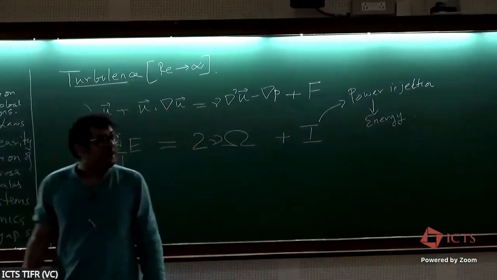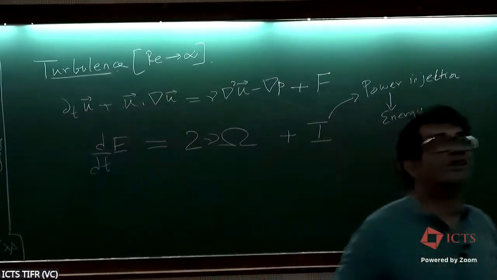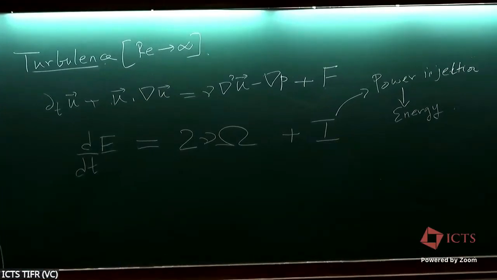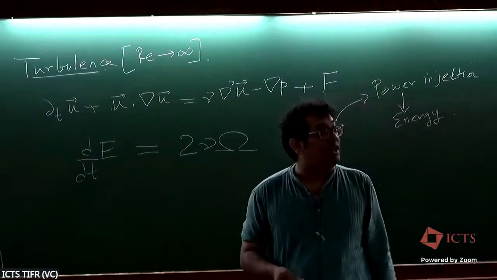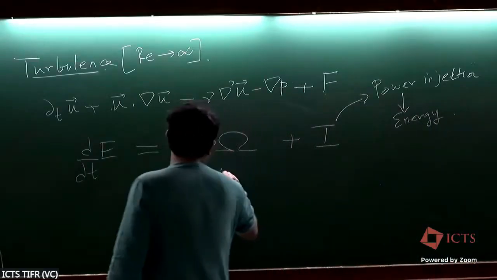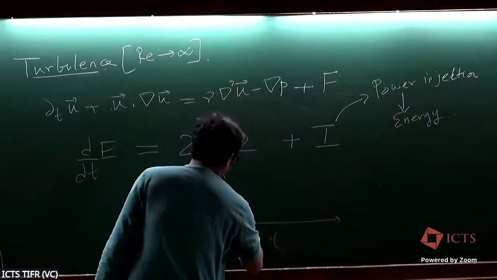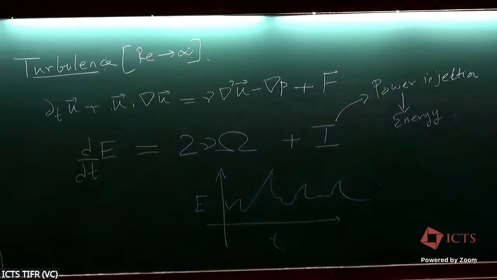So as we discussed in the previous class, if you take a time series of the kinetic energy from a wind tunnel measurement, or you're able to fly a balloon up in the sky or deep in the ocean, and if you had instruments to measure the kinetic energy, you would end up getting a signal which is fluctuating, all right?